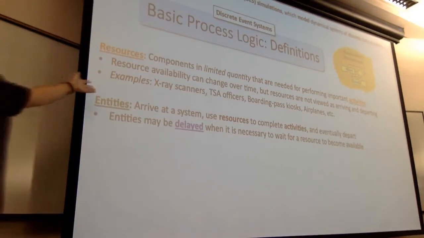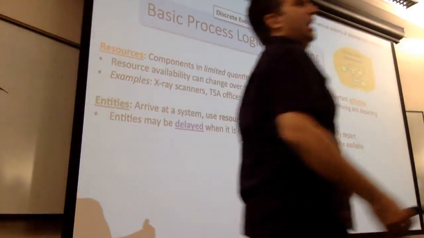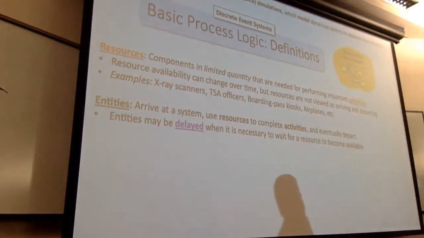You can make an X-ray scanner break down. If you've got 3 cashiers at a restaurant, you can tell some of them that it's okay to leave, and you can go down to one cashier. So resources can leave, but they aren't our major focus. They leave, but they just change the structure of the system when they leave.